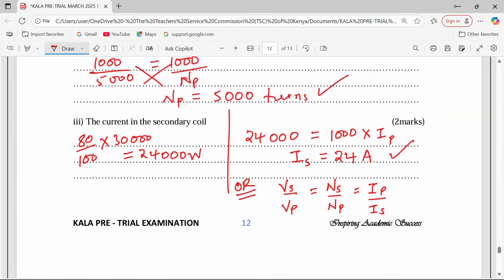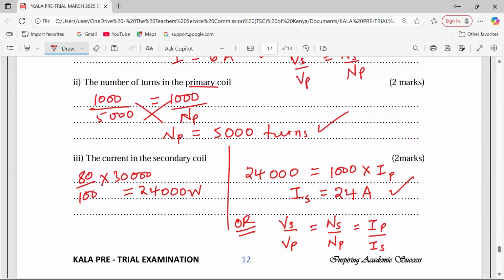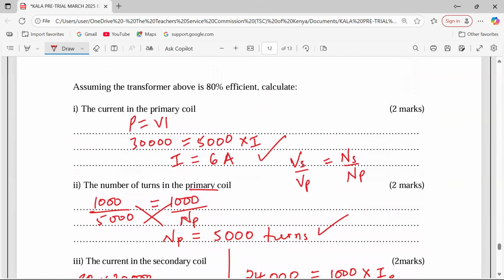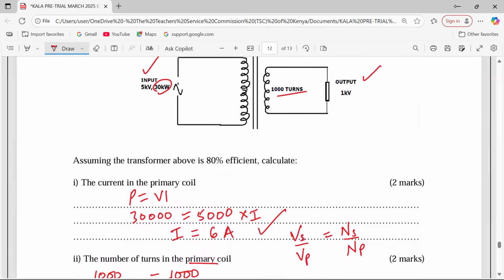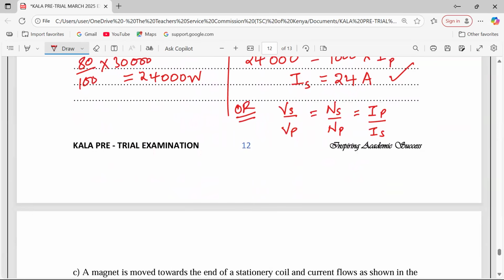I want to see whether we can now apply this one. Voltage in secondary is 1,000, the other one 5,000. Oh, sorry.